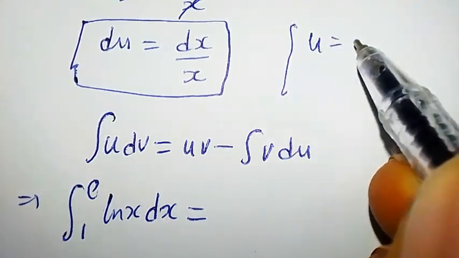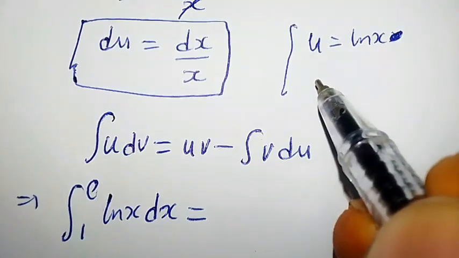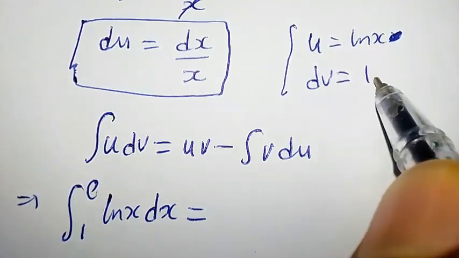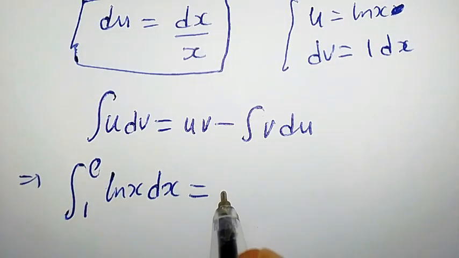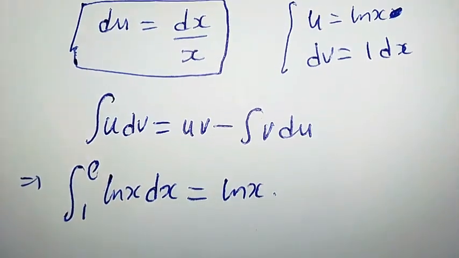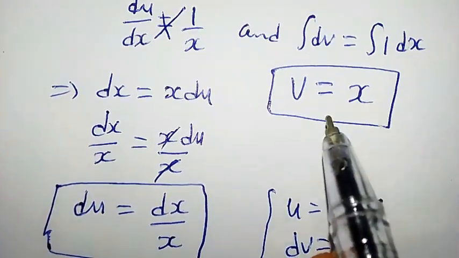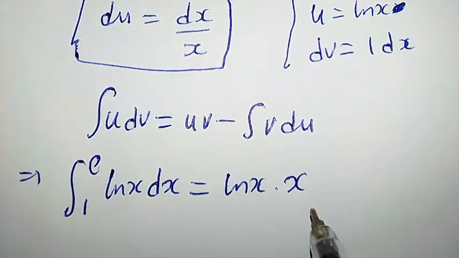Our u is ln x, dv is 1 times dx. What is u? u is ln x, so we have ln x times, what is v? We already have it, let me show you. v happens to be equal to x, so we have x.